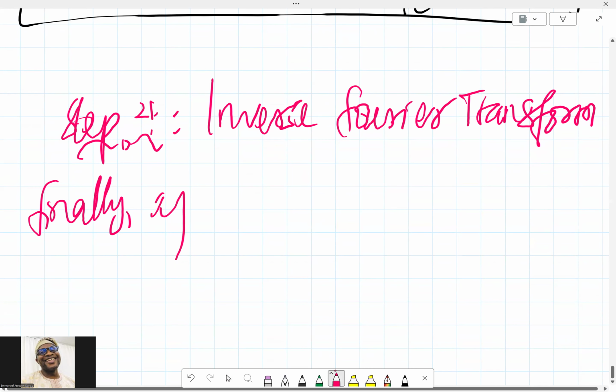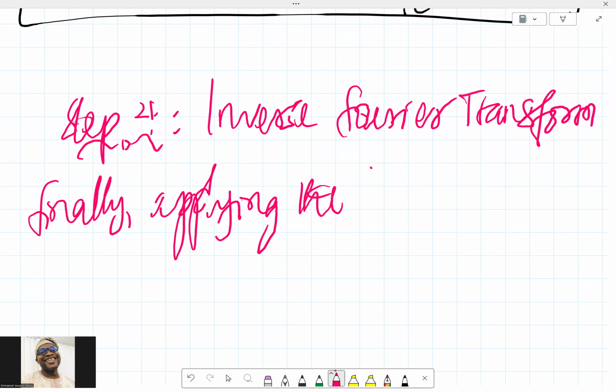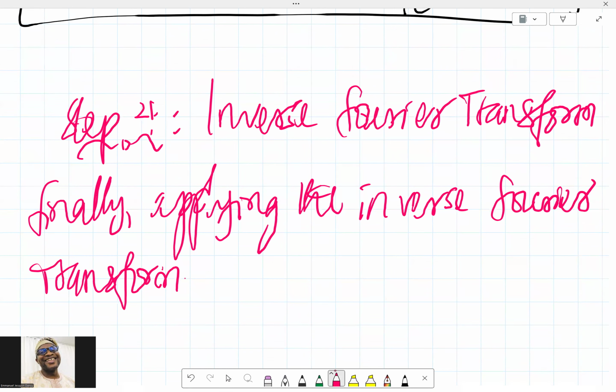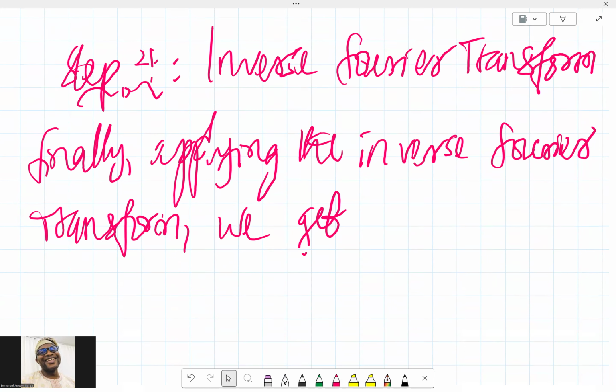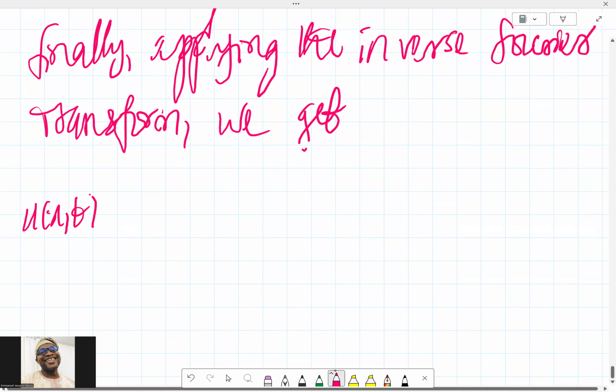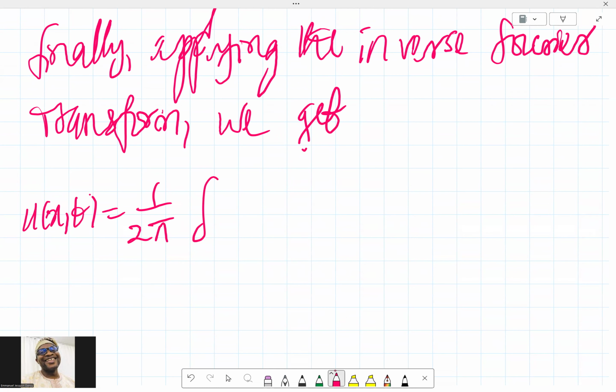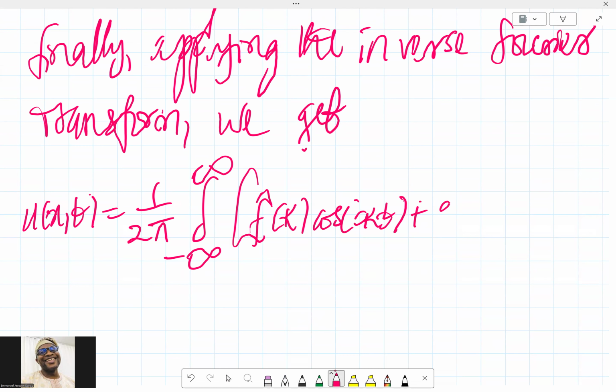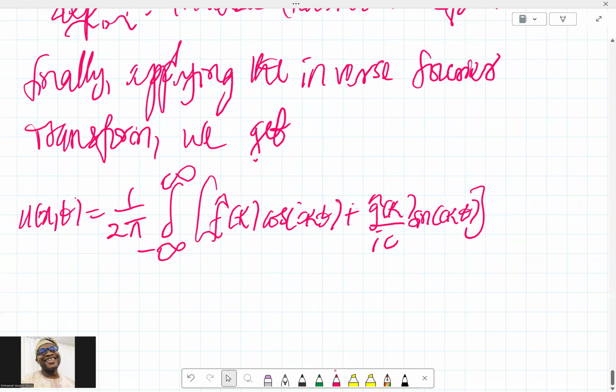So finally, applying the inverse Fourier transform, we get u of x comma t equal to 1 over 2 pi, the integral from minus infinity to infinity of f cap of k cos ckt plus g cap of k all over ick sine ckt, into e raised to the power ikx, dk.